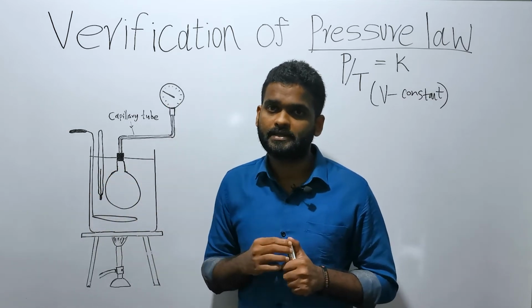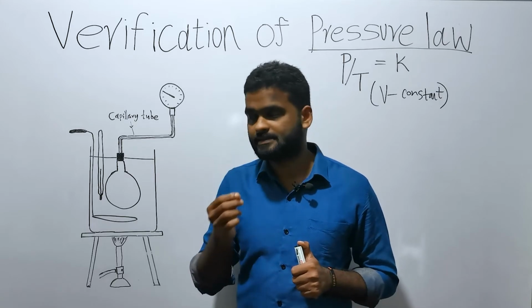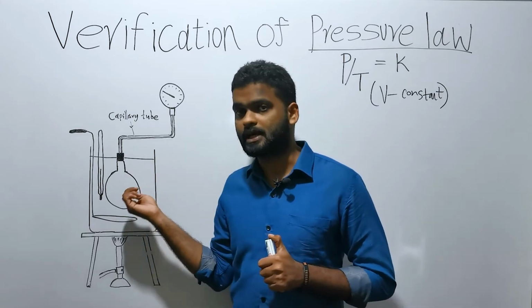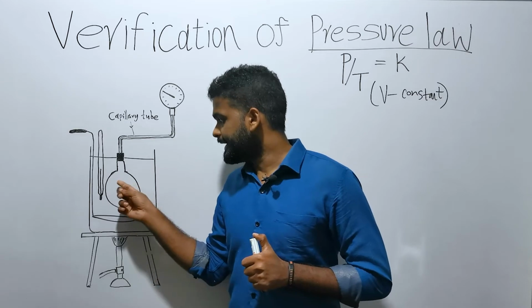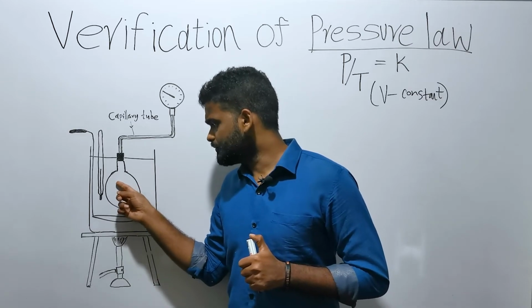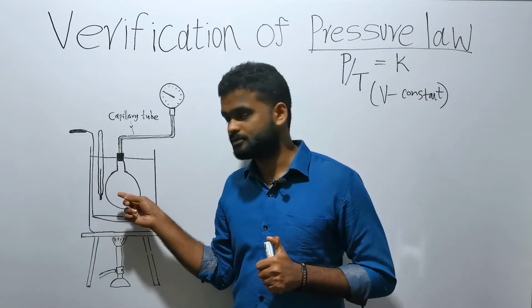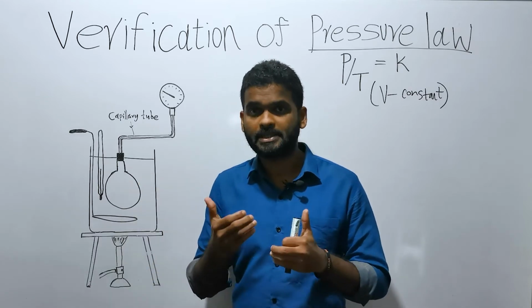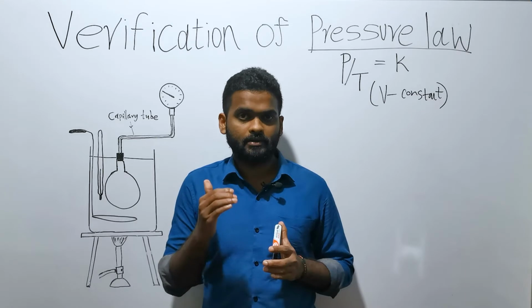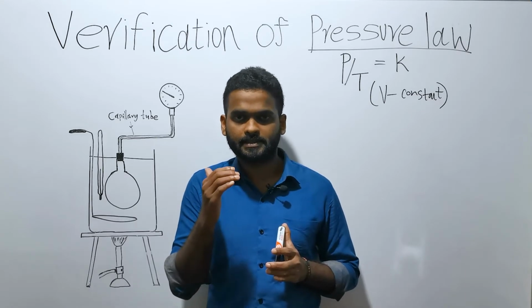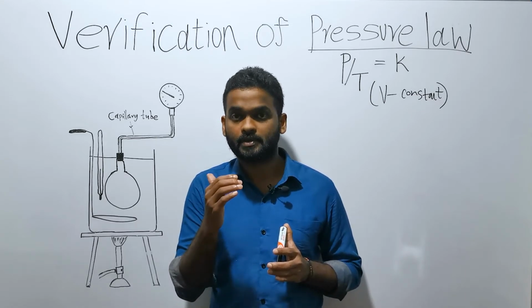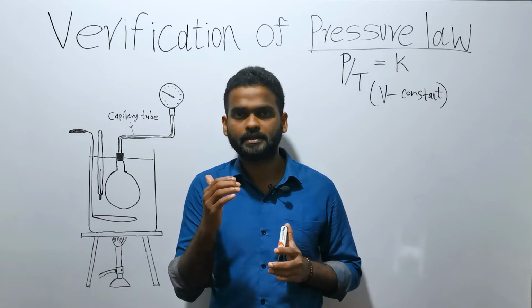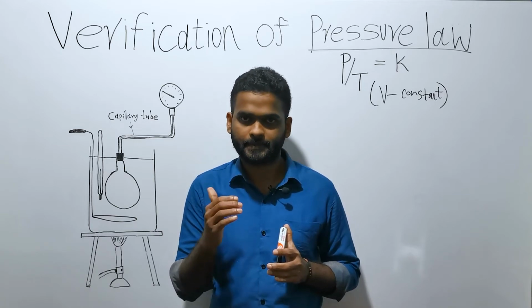The reason for that is that it takes a little bit of time for the air inside this flask to absorb heat and come to thermal equilibrium. So you have to maintain a certain temperature value for a while before taking the pressure measurements.